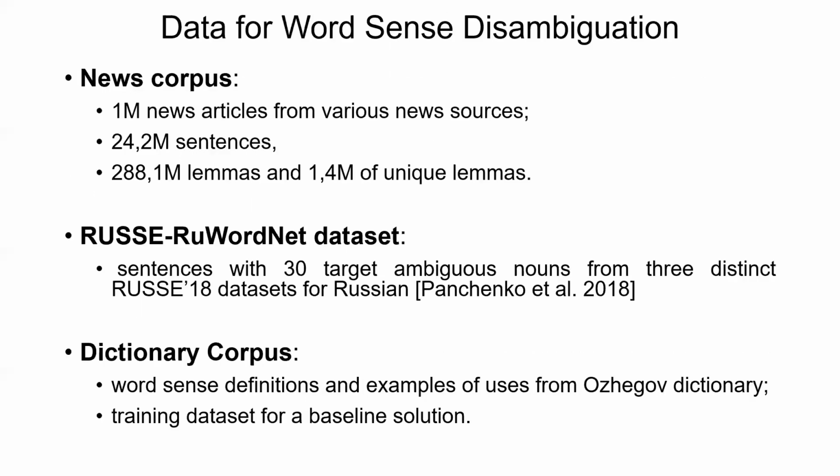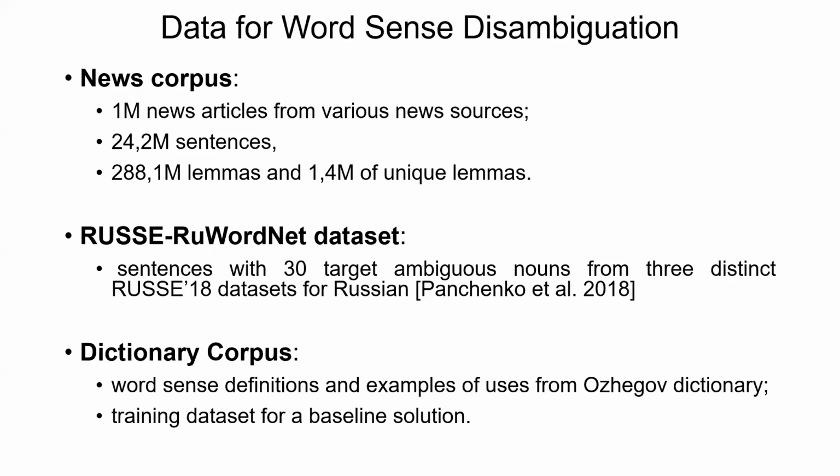Now, let us turn to the datasets used in our research. As a reference corpus, we utilized a news corpus that consists of 1 million news articles harvested from various news sources. The corpus consists of 24.2 million sentences and 1.4 million unique lemmas. For evaluation of our algorithm of training data generation, we used 3 distinct RuSense18 datasets for Russian.